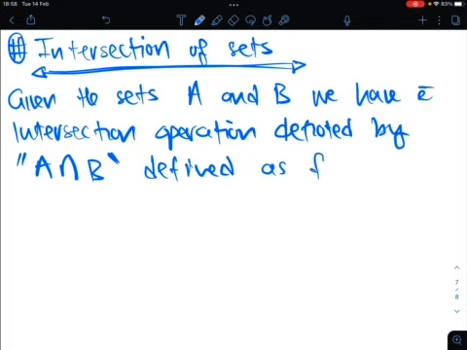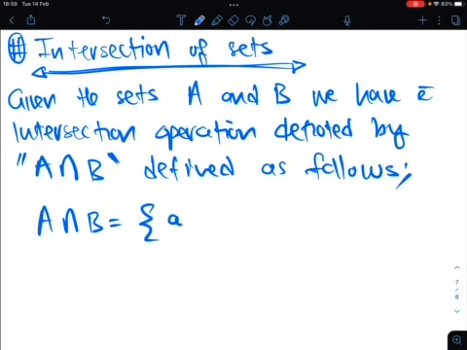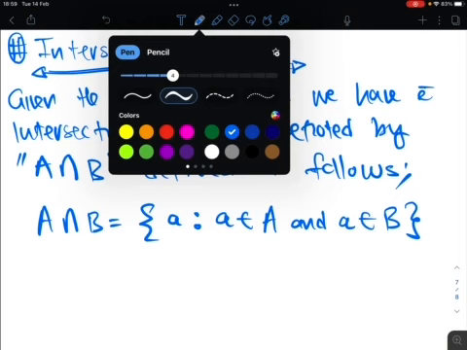It is defined as follows: A intersection B is the set which consists of elements a such that a is an element of A, and at the same time a is an element of B. This is how we formally define the intersection. But such an abstract definition can be quite difficult to understand.